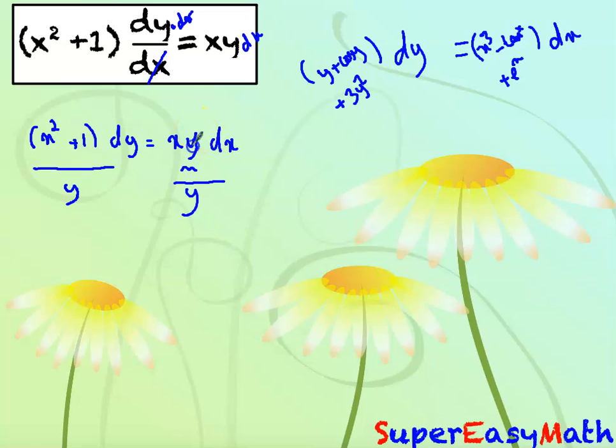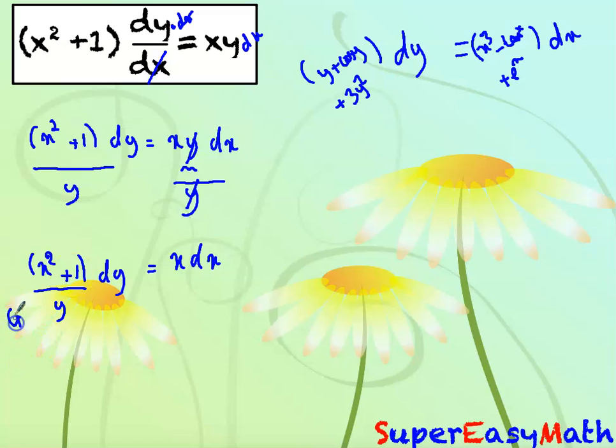We will get y, remove y, and here we have x dx, and on the first side we have x squared plus 1 divided by y dy, and on this side we have x squared plus 1 beside dy, so we should remove it.